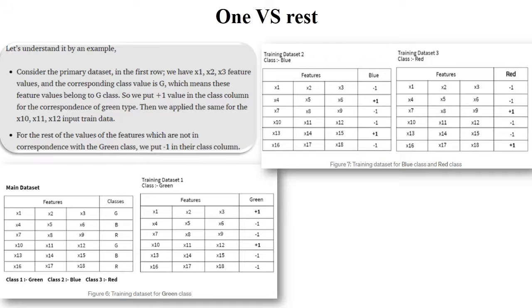The next ones, x4, x5, x6, are for the blue class, but we need to generate a classifier only for the green class, so they are represented as -1. So for all the green classes we use +1 and the remaining classes are -1. Similarly, see in this diagram the class blue.